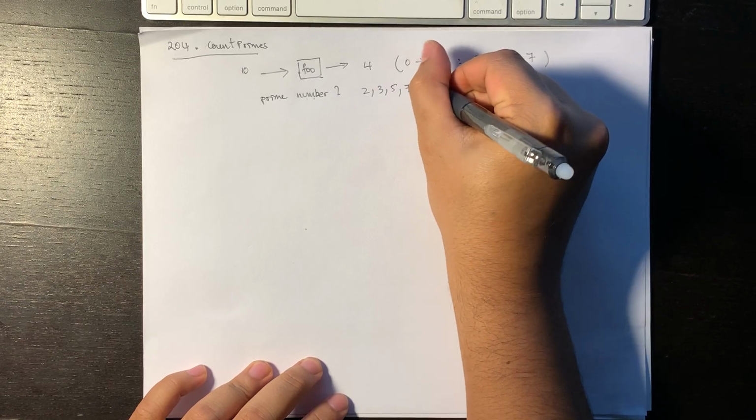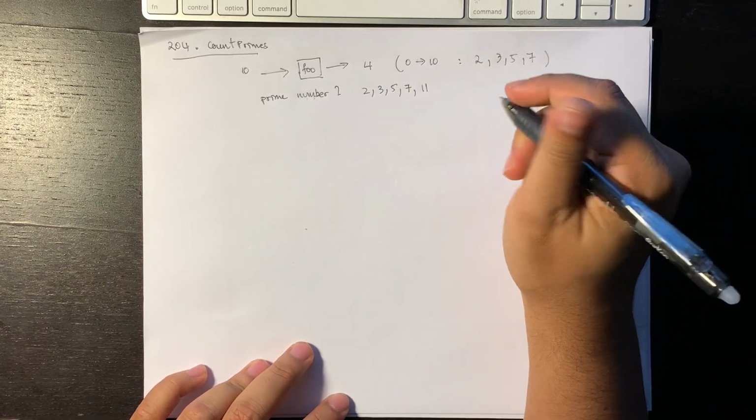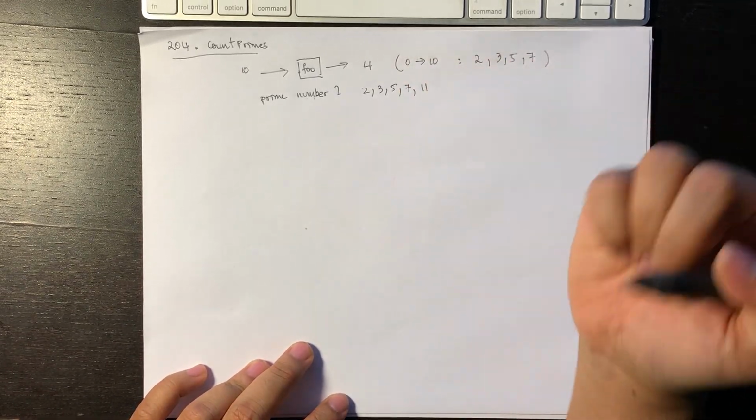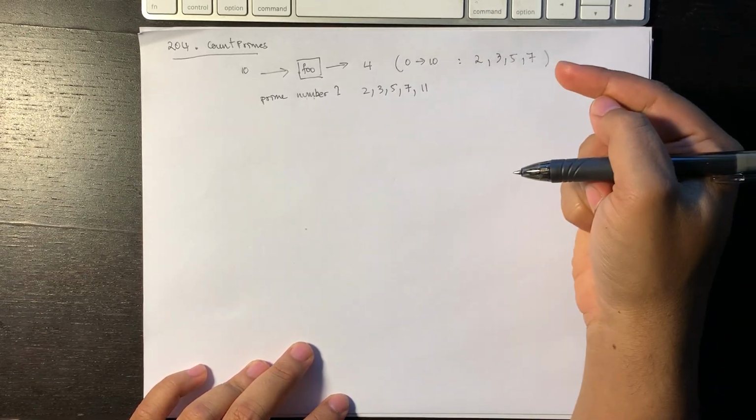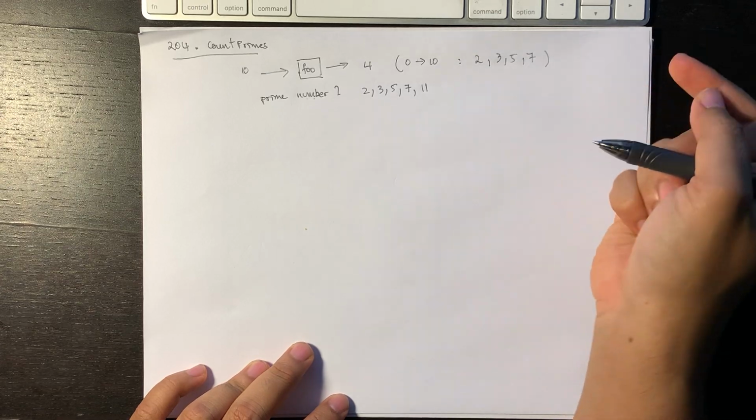I think it's 11. But the definition of a prime number is a number that can be divided only by itself or 1.